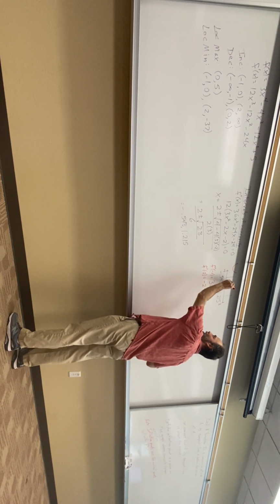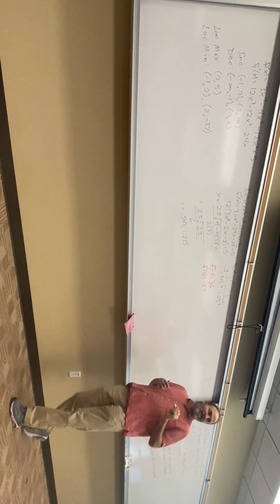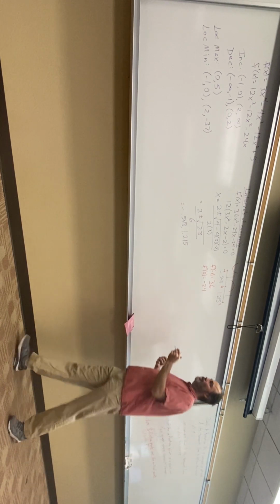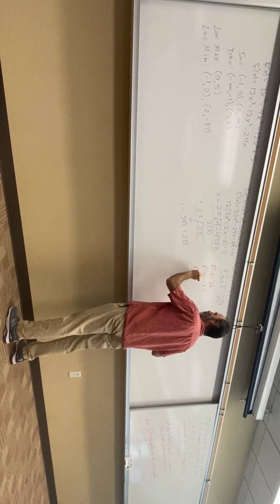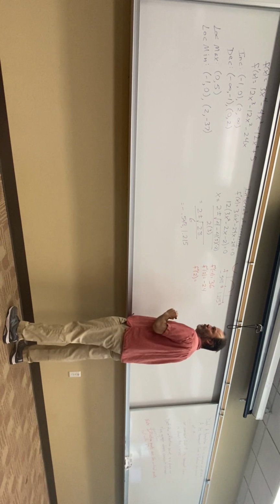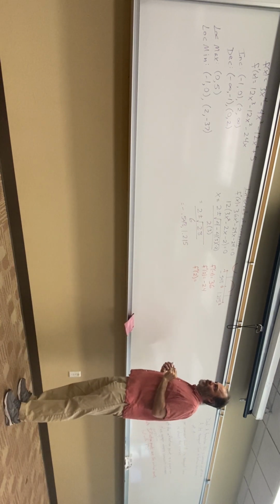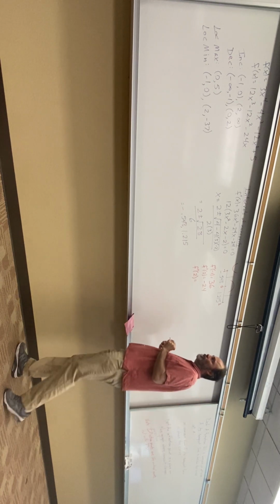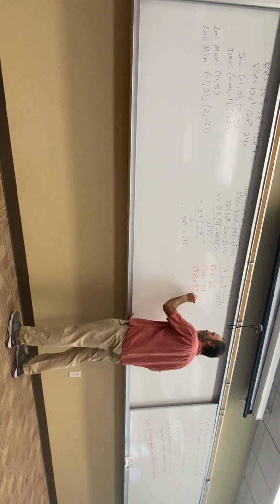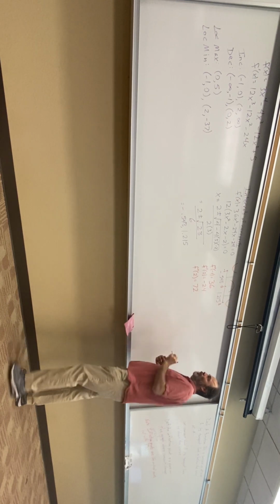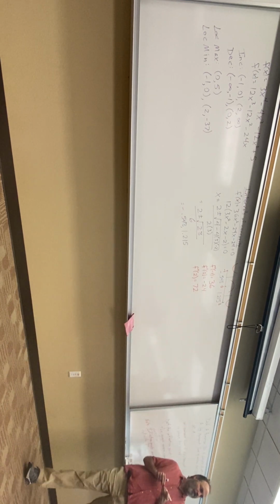And so in that region, since we got a negative answer, that's going to be concave down. f double prime of 2. 4 is 8, minus 2 is 6, 12 is 72. And so that's going to be concave up, because we got positive.